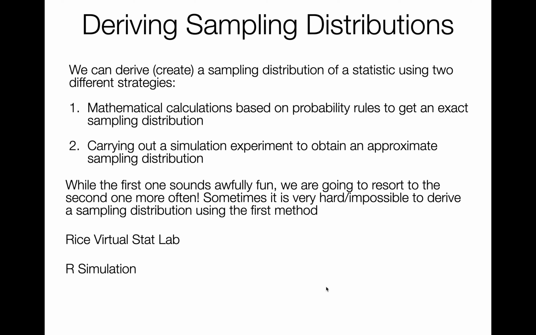And that's great. That's sort of an ideal situation. A sort of less than ideal situation would be to carry out a simulation experiment to obtain an approximate sampling distribution. Okay, and so that's in a sense what I described in my big picture that I drew in the last video, was the second one.